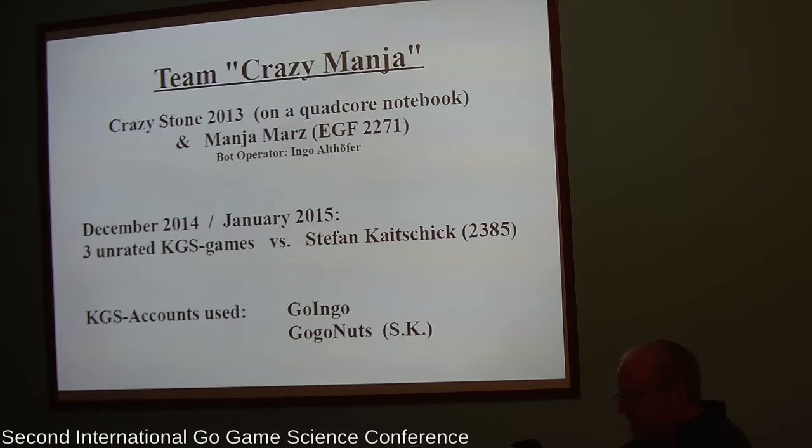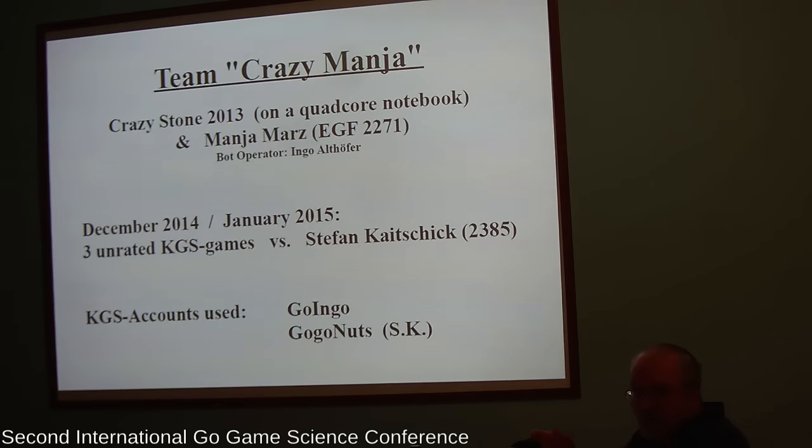So, I took Crazy Stone, the commercial version from 2013, on a quad-core notebook, and I took Manja Marz, one of the 2 best female Go players in Germany. Her rating is 2,270. It's not clear what the rating of Crazy Stone would be when playing in normal tournaments.